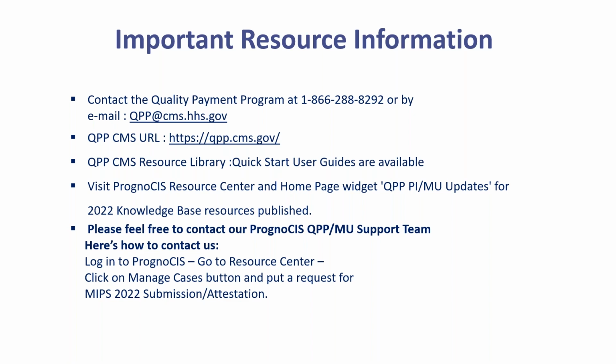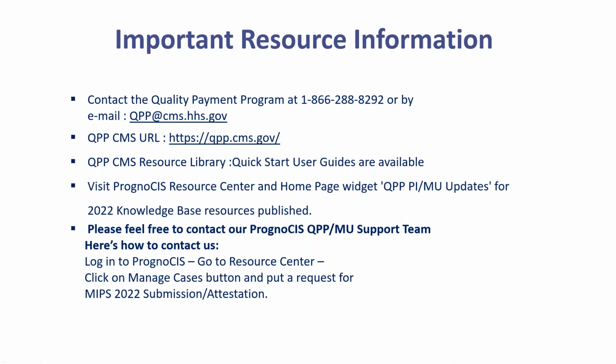Okay, so if you're going to put in information or you need help with any of your reporting, setting it up, anything like that, you can go to the Resource Center. So you go into PrognoCIS. Up at the top right of your homepage, there is an icon for Resource Center. It's an RC button. You can click on the RC button and you can click Manage Cases.